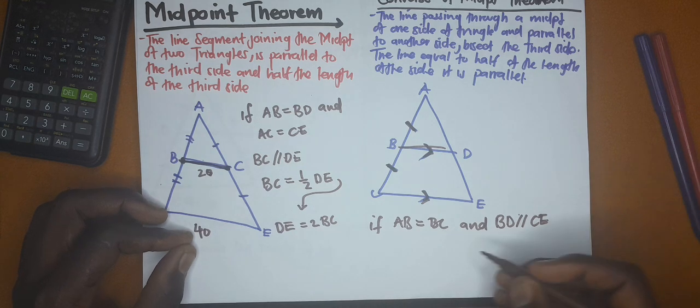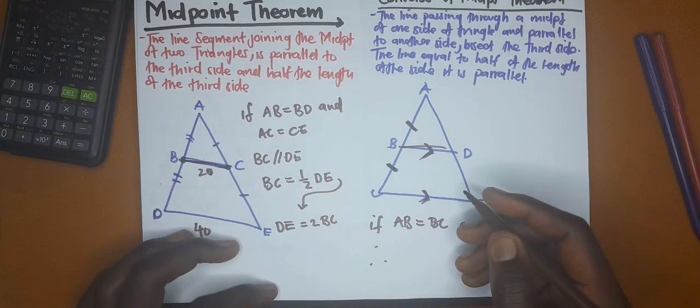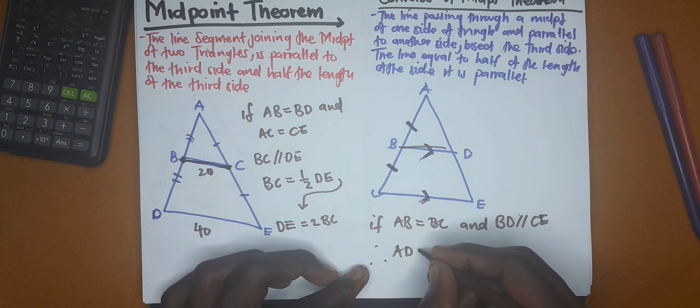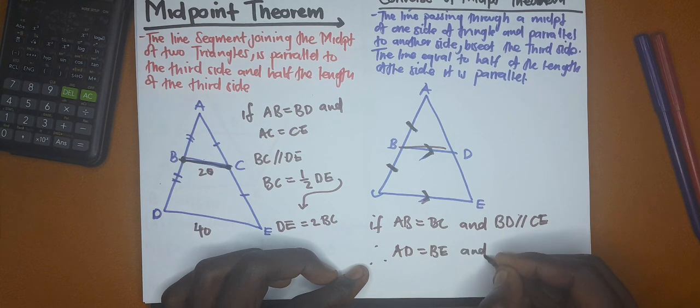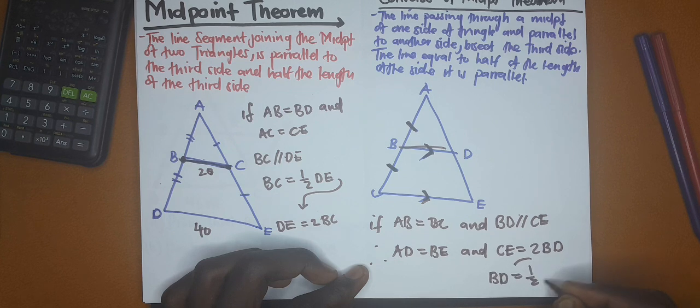From this information, we can conclude that therefore AD is equal to DE. And we can also conclude that this side CE is twice this side BD. Or we can say that BD is half of CE.